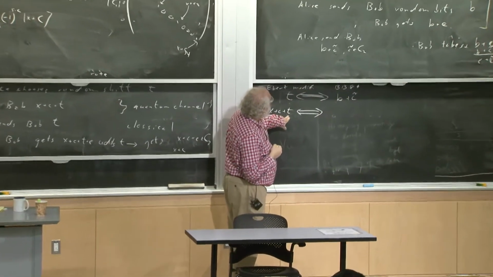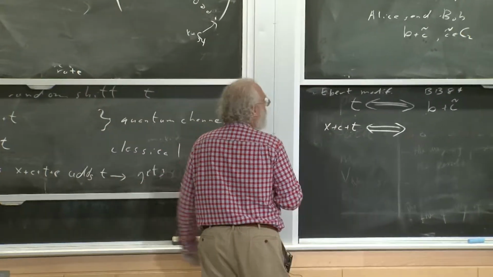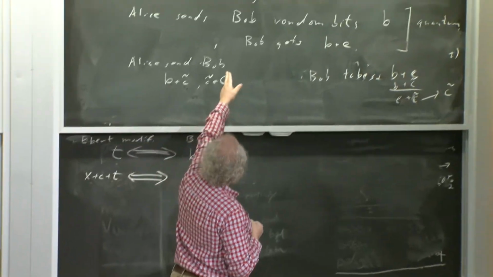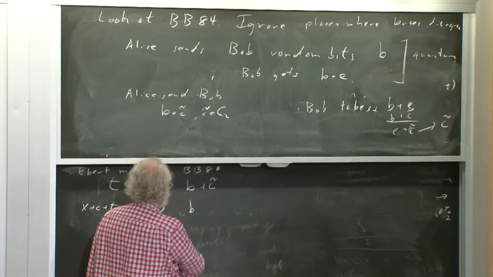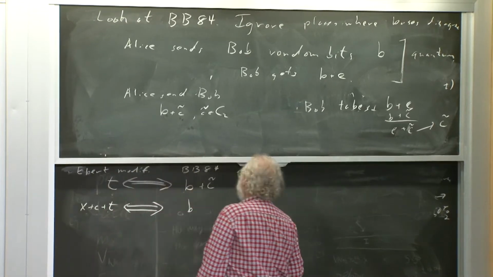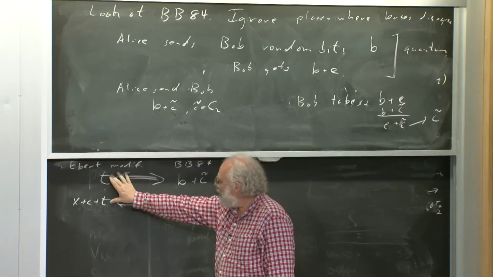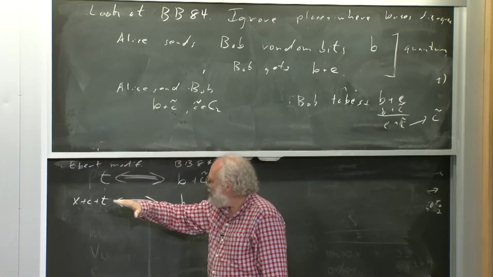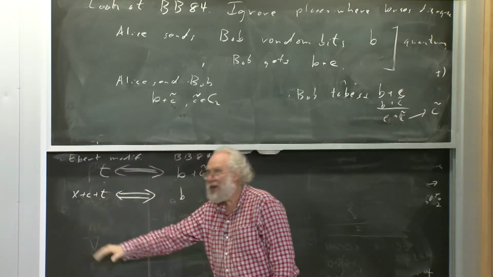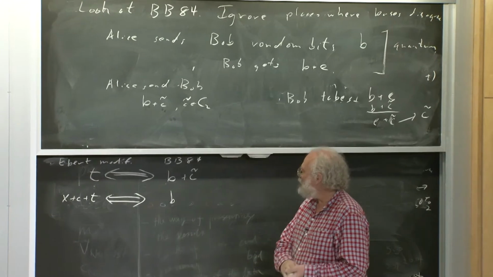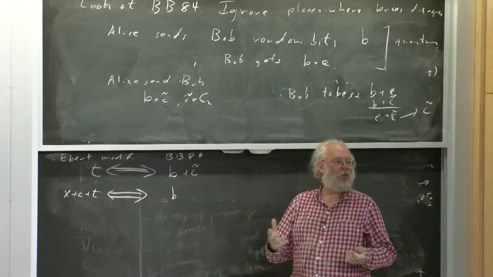So X plus C plus T here is what she sent on the quantum channel. Alice sent Bob B on the quantum channel. And in both cases, Bob gets the quantum channel with an error, adds it to the classical channel, and decodes using the classical code C2.